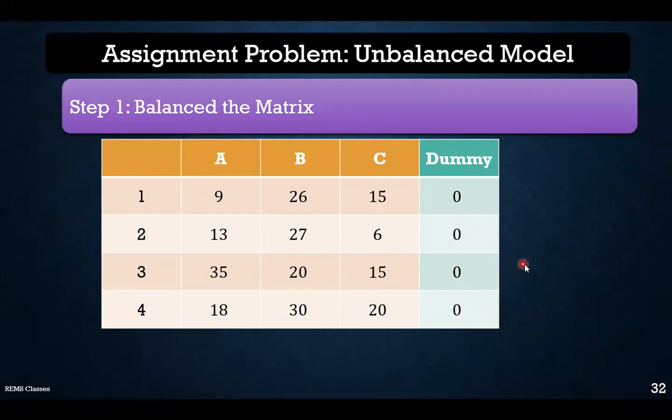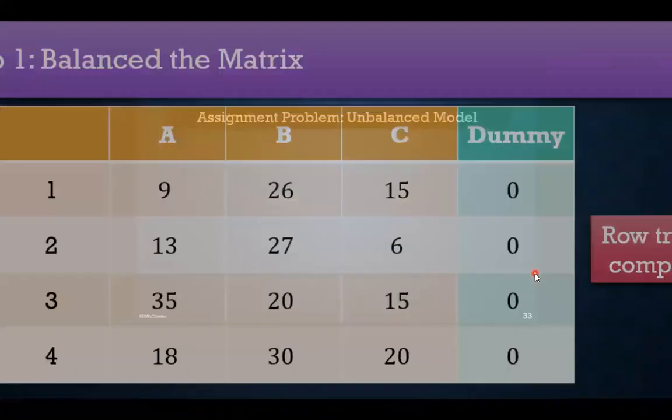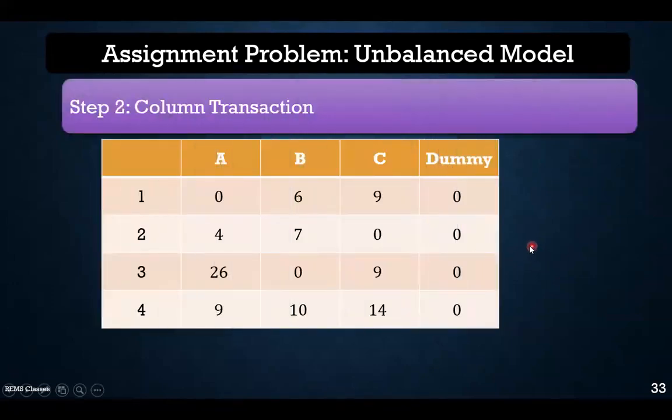We go directly to step 2, the column reduction. We find the column minima and subtract the column minimum from each cell. Since in this particular column the minimum value is 0, this column will remain as it is.